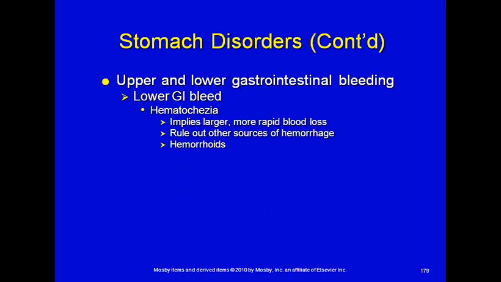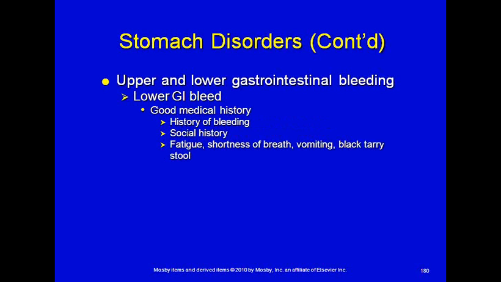Something to keep in mind with lower GI bleeds is bright red blood coming from the rectum. Hematochezia implies a very large, more rapid blood loss. You have to rule out other sources of hemorrhage, like hemorrhoids. A ruptured polyp can be a cause of hemorrhage in the lower GI tract as well.